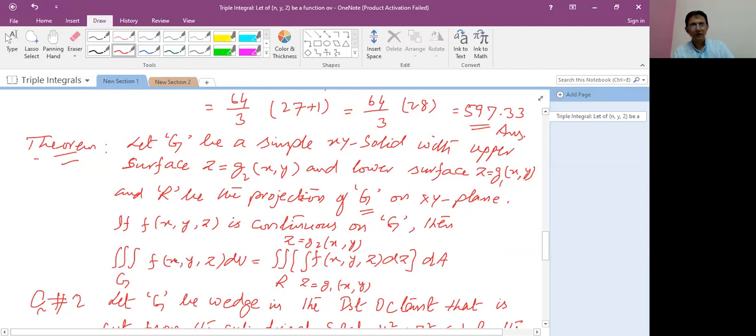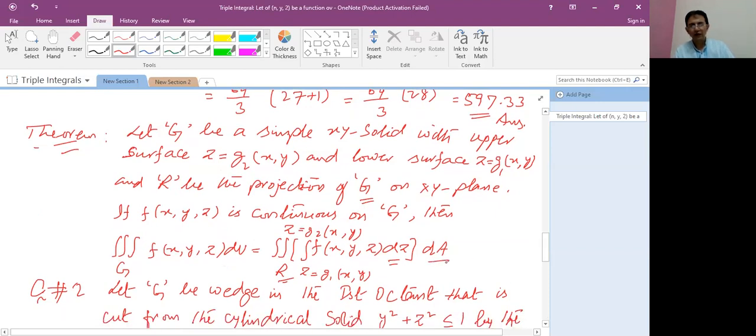Then the theorem says that the triple integral over region G of f of x, y, z dV equals the double integral over R, a rectangular region, of the integral of f of x, y, z dz. We will find the integral first with respect to z, but the limit of z depends on the variables x and y.